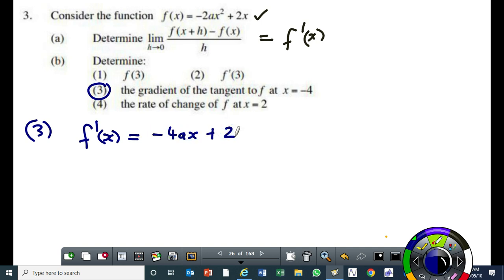Remember, this expression here is also the gradient of a tangent to that quadratic function at a specific point. So if you draw a tangent to this function at x equal to minus 4, we need to determine the value of the gradient of the tangent at that point, and that value will be the gradient of the quadratic function at that specific point.